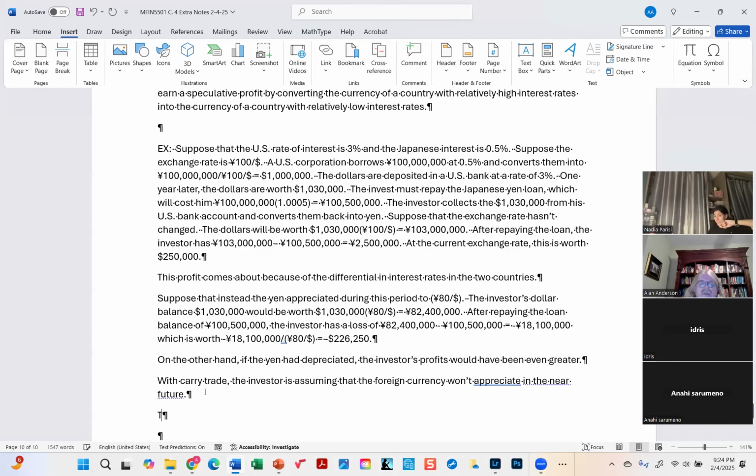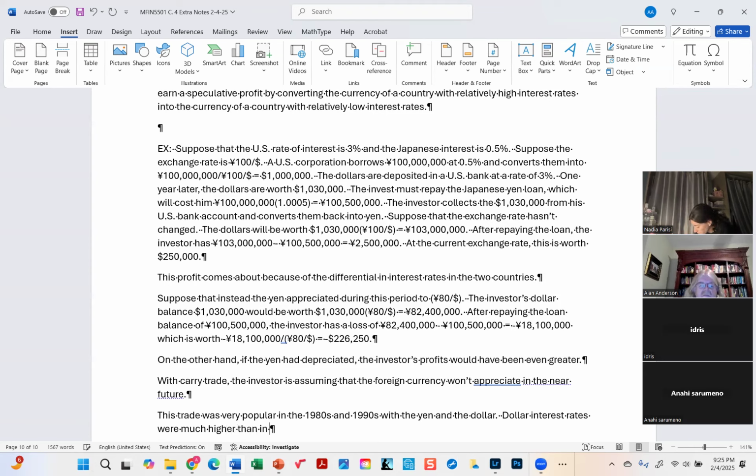Now, this trade was very popular in the 80s and 90s with the yen and the dollar, because dollar interest rates were much higher than in Japan. And here's the interesting part.